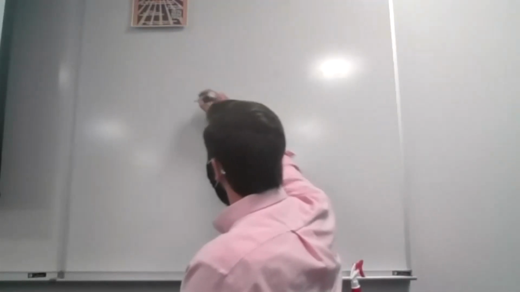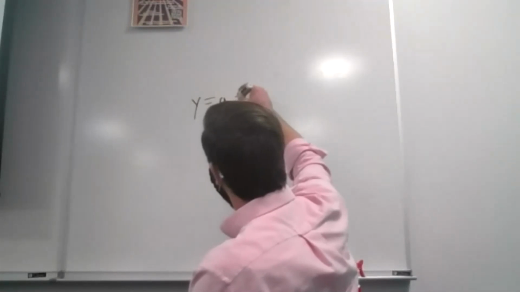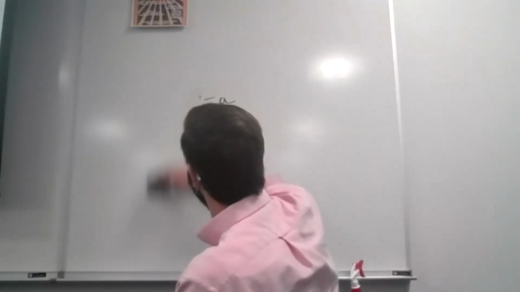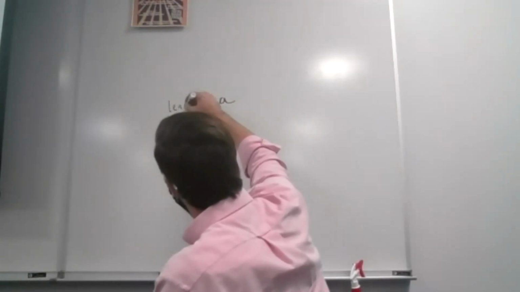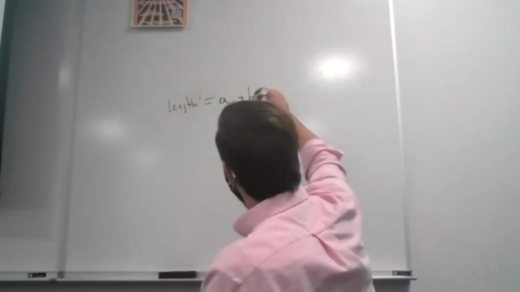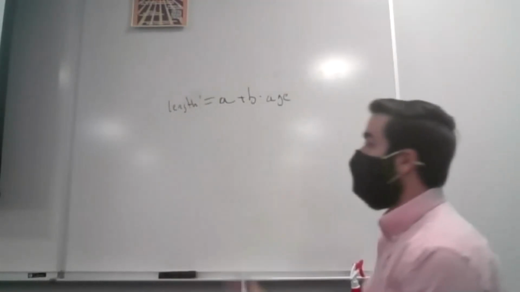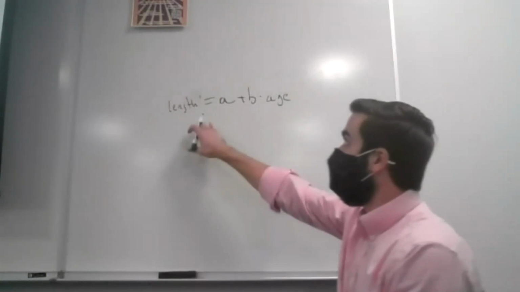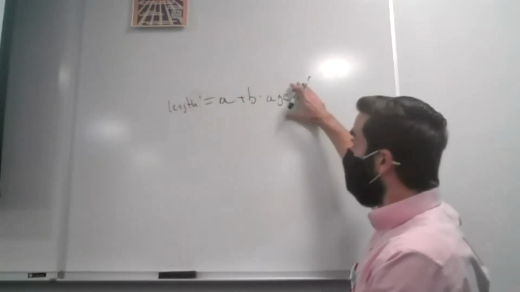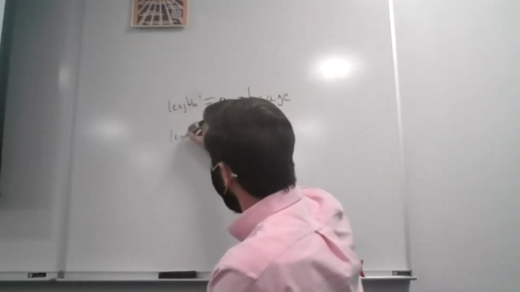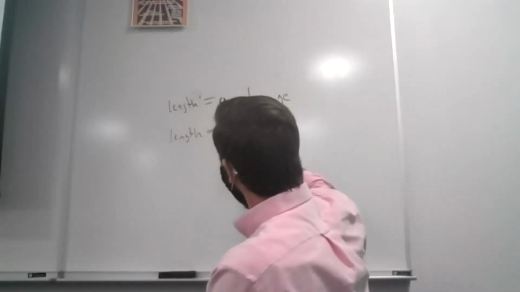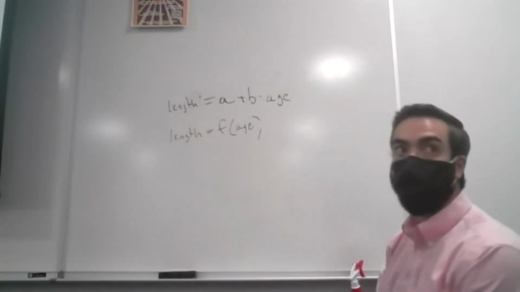We'll keep this specific to our example. So we'll do length plus b times age. If I want to know the effect of age on length, I would take a derivative. I could think of this as length as a function of age.